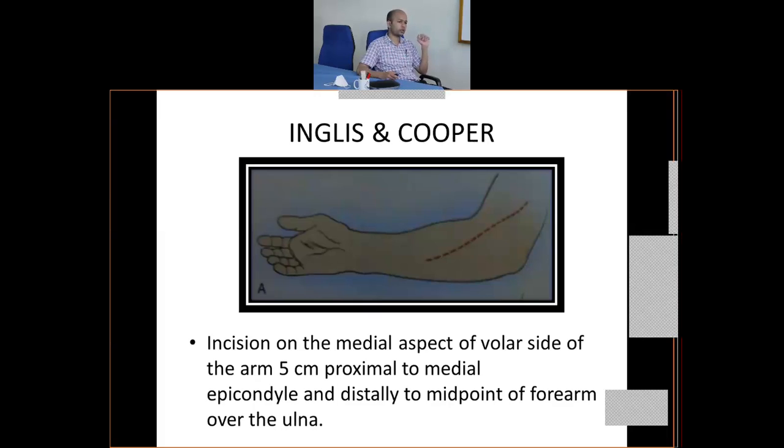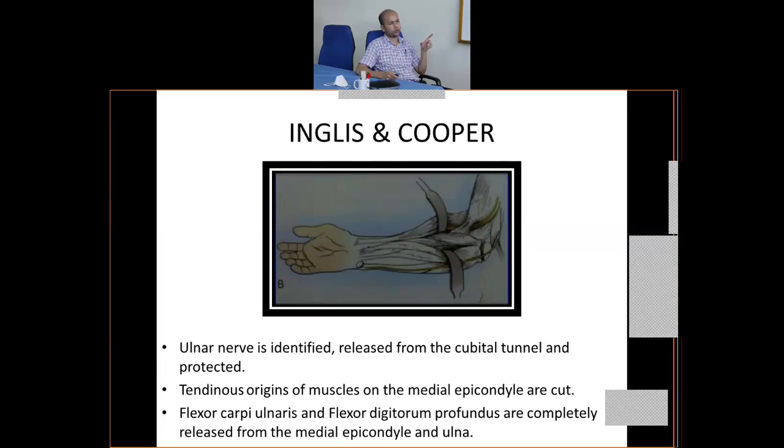So what is the operation you do for Volkmann's ischemic contracture? As I told you before, all the superficial group of flexor muscles arise from the medial epicondyle. So you release the flexor group of muscles from that common origin, since all the muscles are tight and connected there.